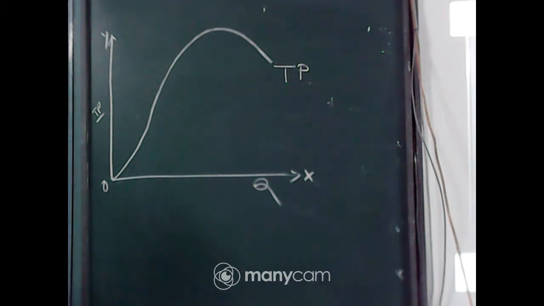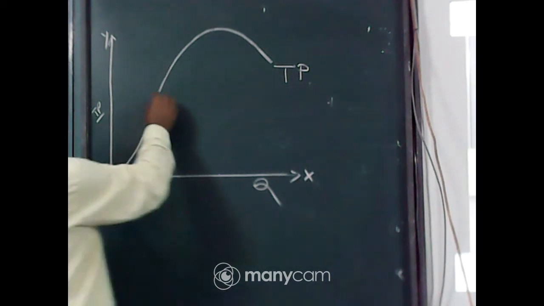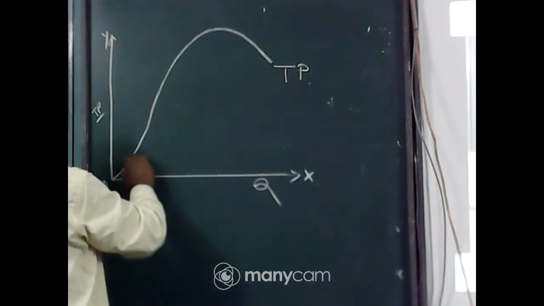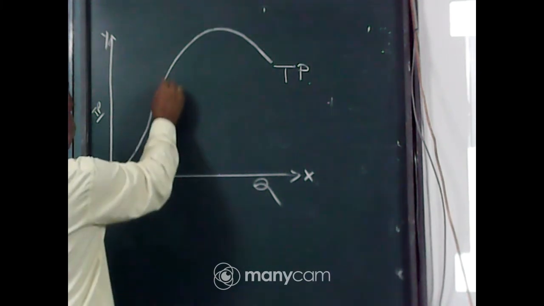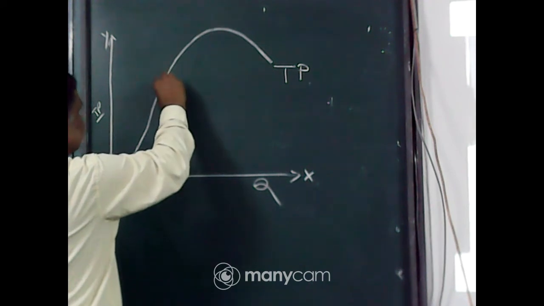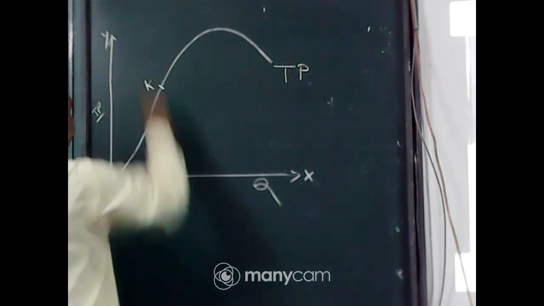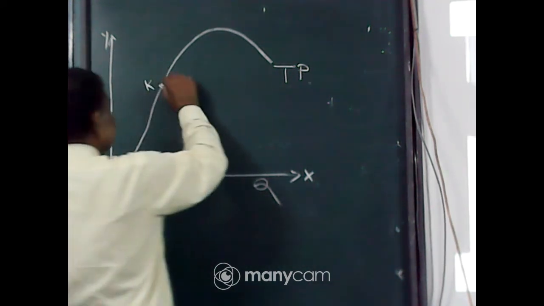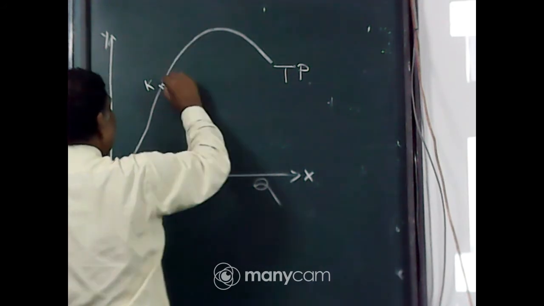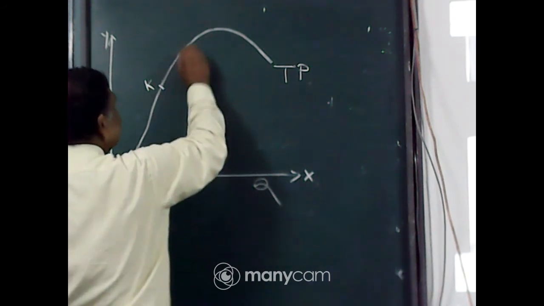You just follow, this is increasing at increasing rate, but after this point, suppose it is K, it increases but not at the increasing rate but at decreasing rate.